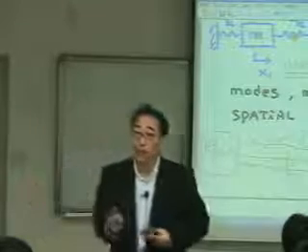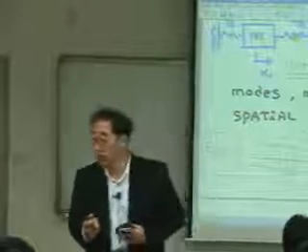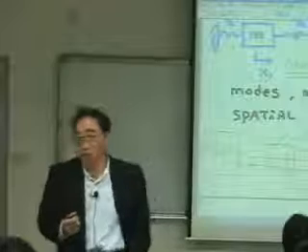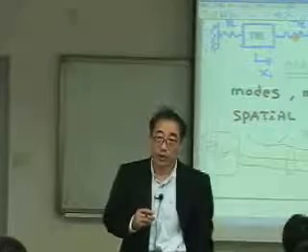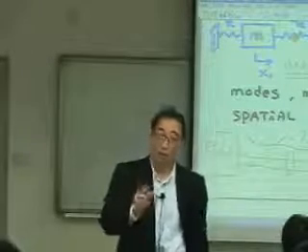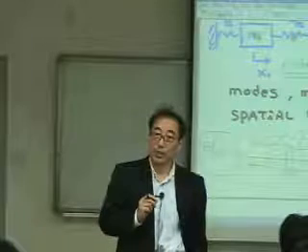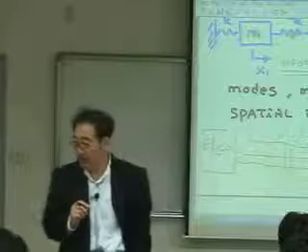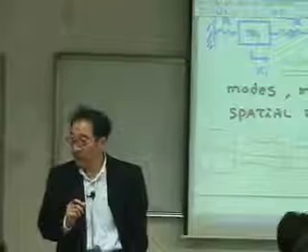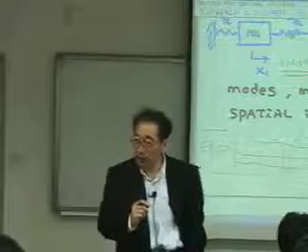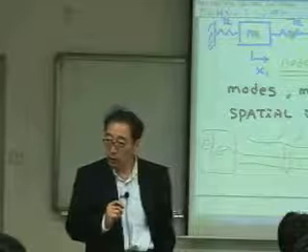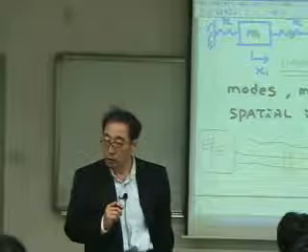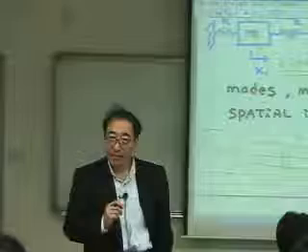For example, if you design a space shuttle and you know where the nodal point is, then the position of the nodal point should be used to put a very sensitive instrument. And the position of the antinodal point, you may want to put somebody else you don't like.